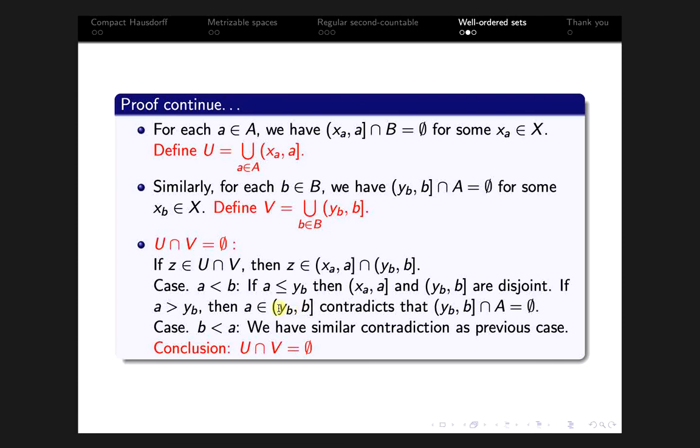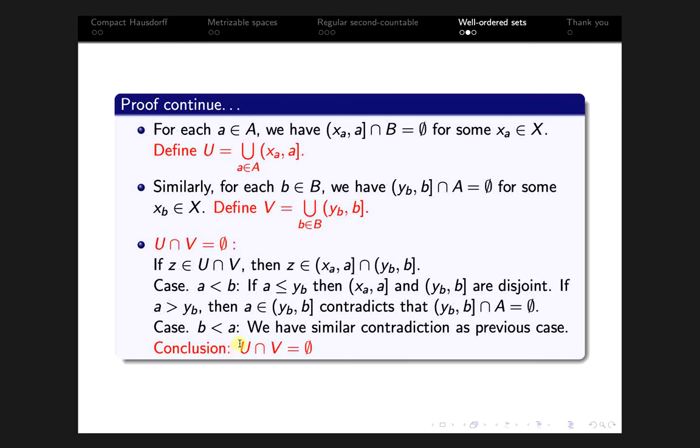So a lies between Y(b) and b. So a is in the interval (Y(b), b). That contradicts that this has empty intersection with A. Similarly, interchanging the roles of a and b, we would arrive at a contradiction when b is less than a. Therefore we conclude that U and V are disjoint.